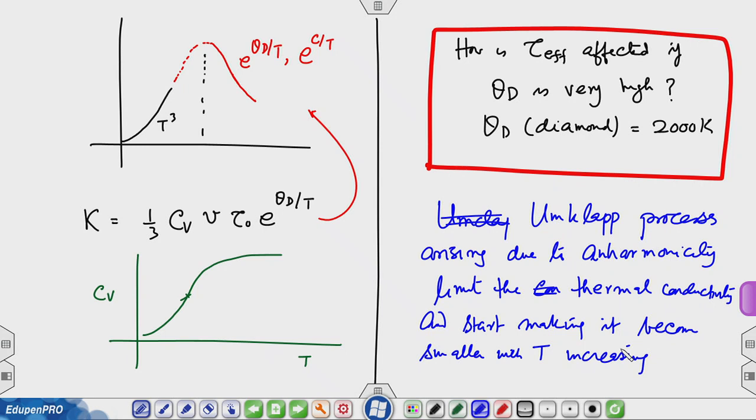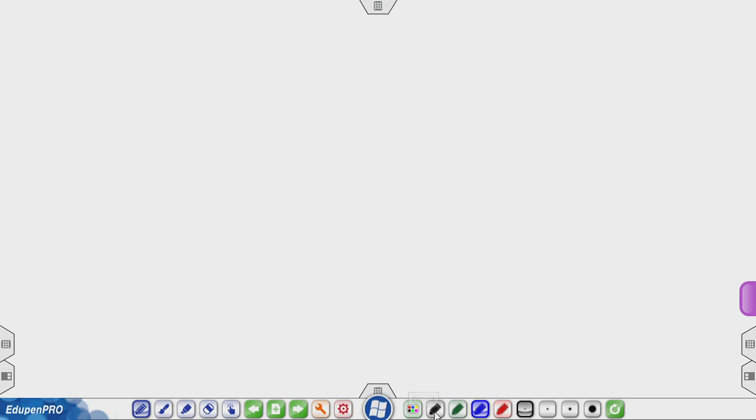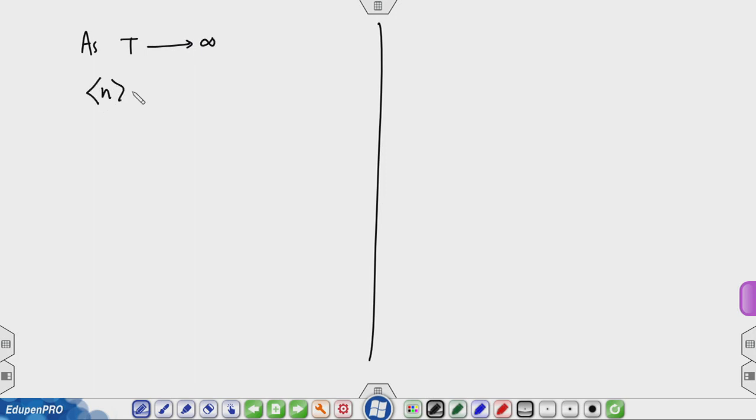Now, what happens as temperature goes further up? As T goes further up, then N, which is 1 over e raised to theta d by T minus 1, is going to go as T over theta d.